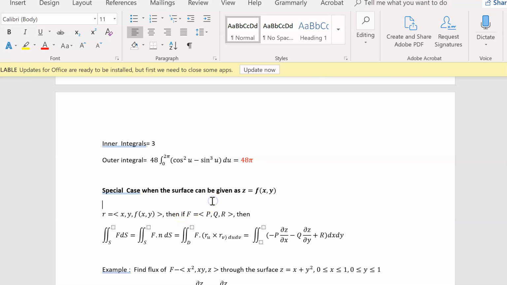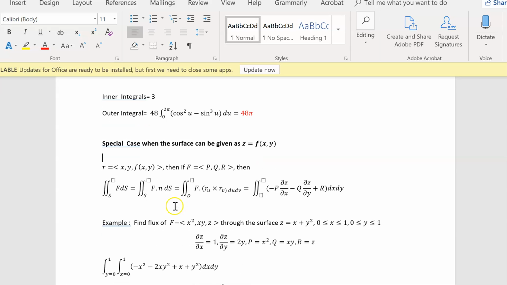So when you do that, the r has a specific form, and then the r_u cross r_v part and the F dot r_u cross r_v part, this whole integral actually simplifies to this, which is a very simple double integral involving x and y. P is the first component of the vector field, Q is the second component, and R is the third component.